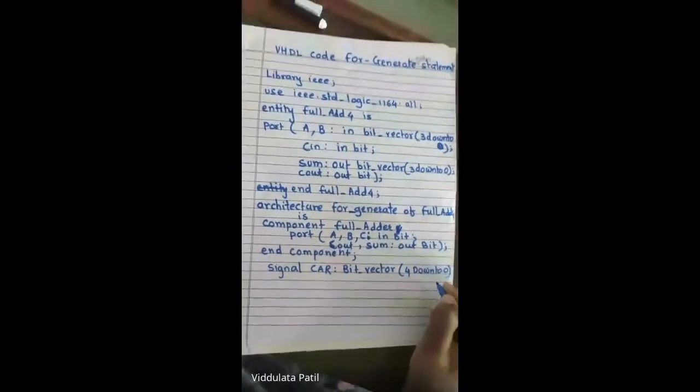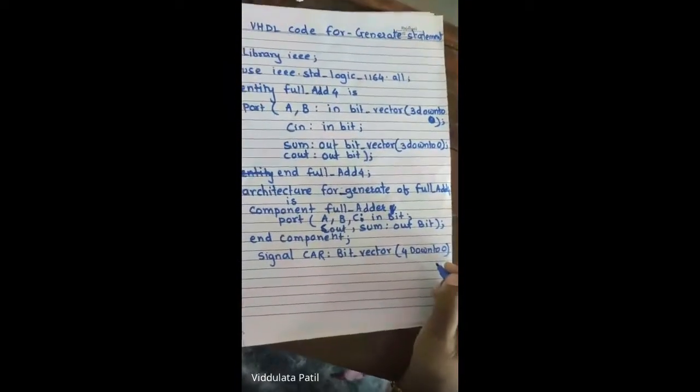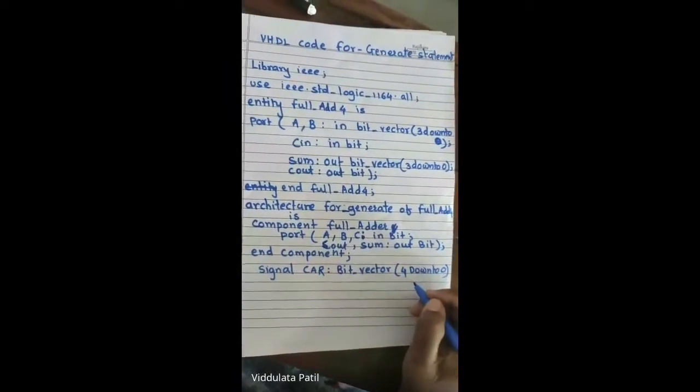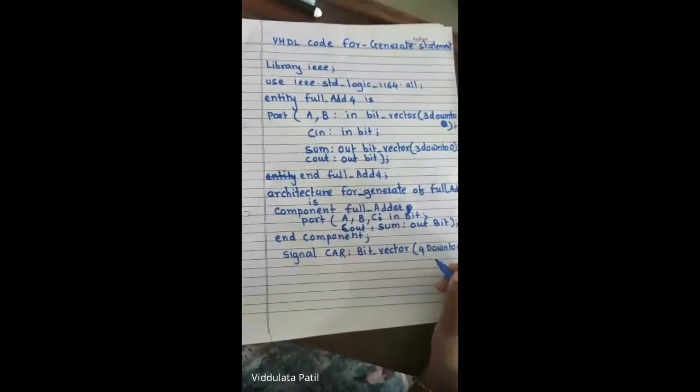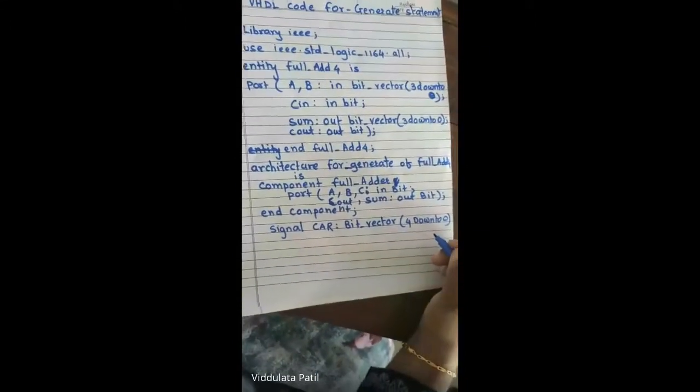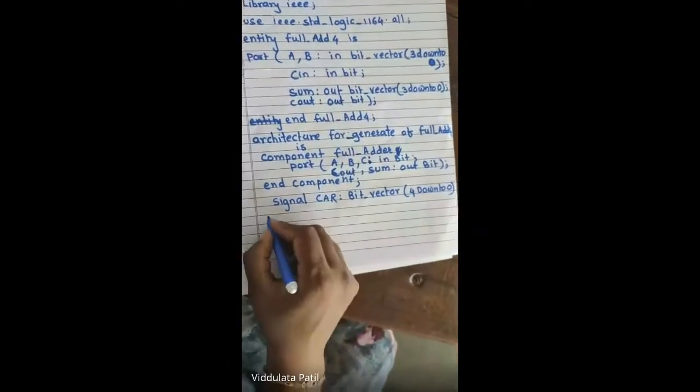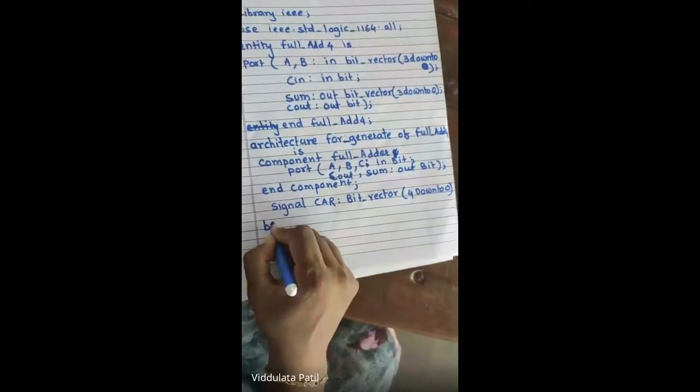That means car is a vector having the bits from car 0 to car 4. So there will be 5 bits in this vector. Now let us begin the architecture.